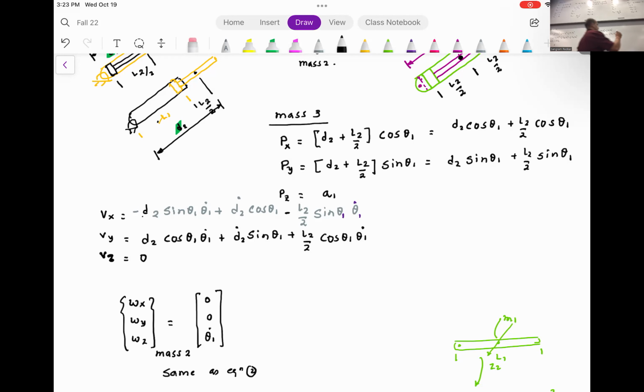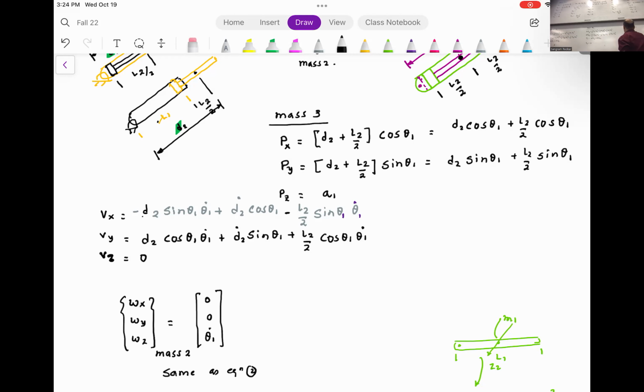The last part is for mass M3. Same thing, but please understand, since Ixx3, Iyy3, and Izz3 are zeros, kinetic energy of rotation for mass M3 is going to be 0. Not because omega x, omega y, omega z are 0, but because Ixx3, Iyy3, Izz3 are 0.